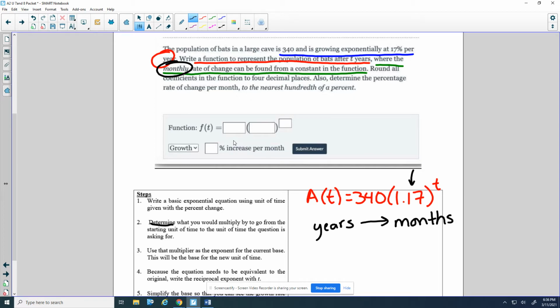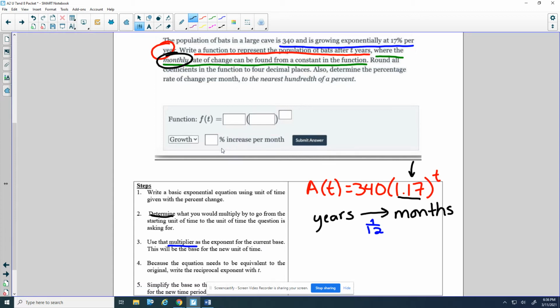That's getting smaller, so we want to multiply by a fraction less than 1. That fraction is 1/12. We're going to use that multiplier, the 1/12, as the exponent for the current base. So we're going to take this 1.17 and raise it to the 1/12 power.